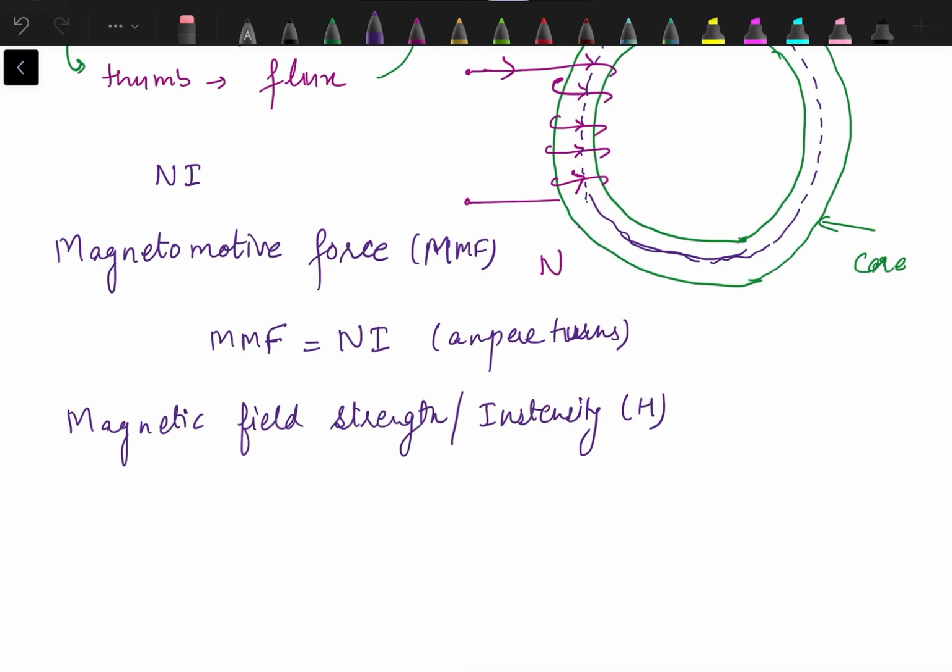So H is equal to mmf upon the mean length of the magnetic path.